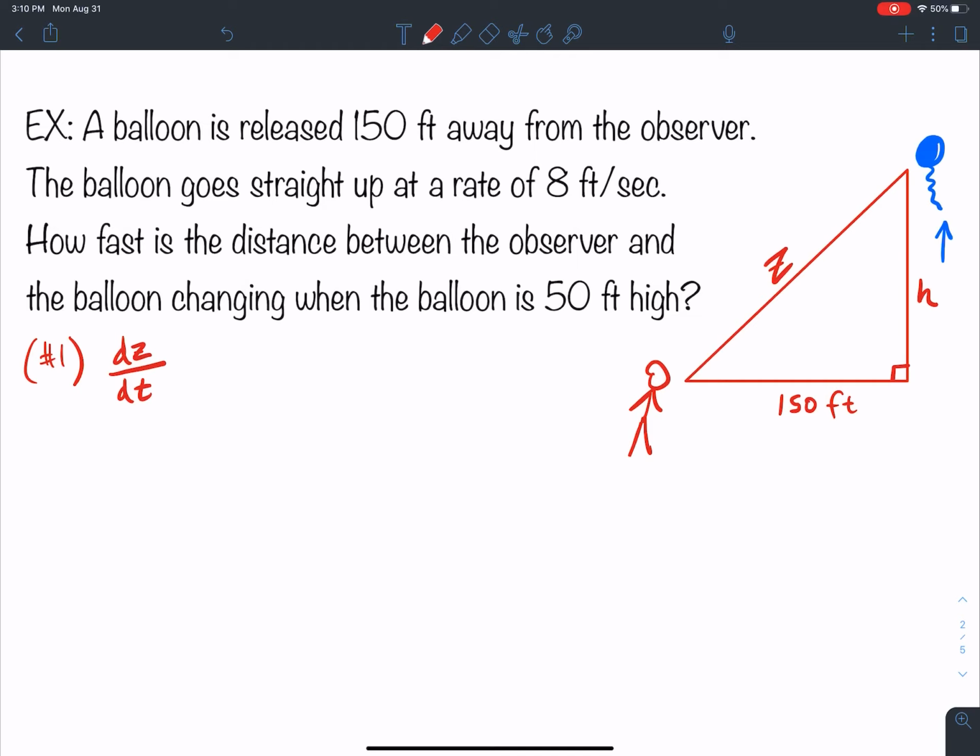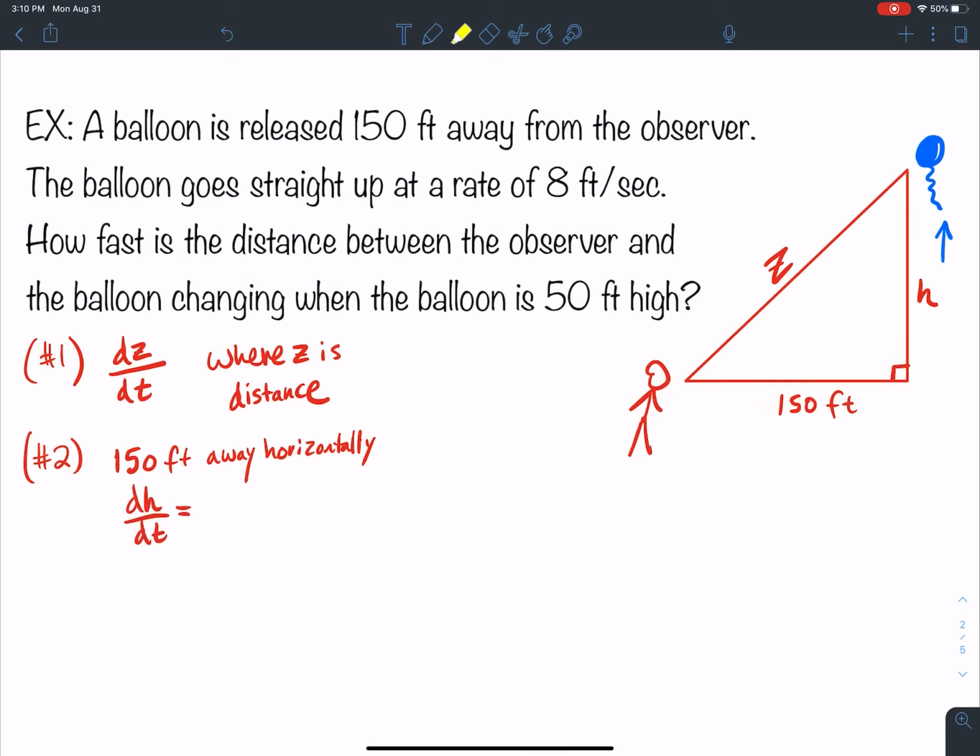Now I need to write down everything that I know. So I need to look at the problem, okay? What do I know? Well, first off, I know that the balloon is 150 feet away from the observer. So the horizontal distance is 150 feet, okay? The next thing that I know, the balloon goes straight up at a rate of 8 feet per second.